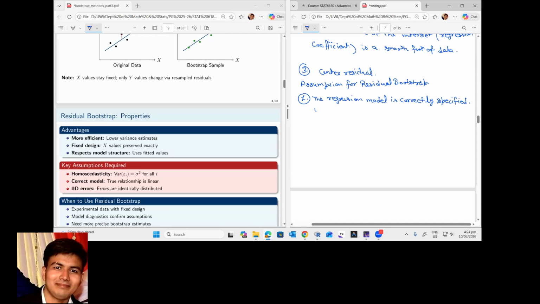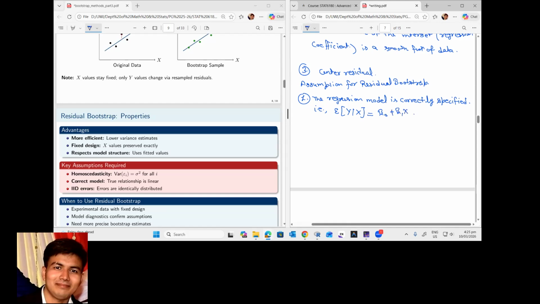That means the expected value of y for a given x, because we are assuming that x is fixed and we generate y through the error term, is exactly equal to beta naught plus beta 1 x.